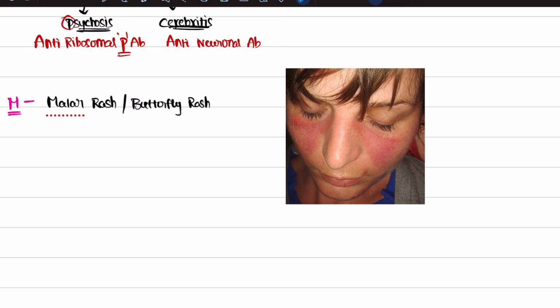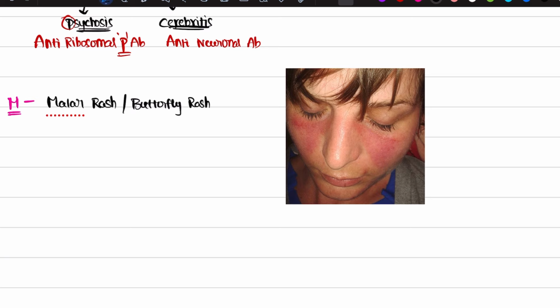So if someone asks you what kind of rash is in SLE, you just answer them: malar rash, which was sparing the nasolabial folds. Sparing means it was not involving, not affecting the nasolabial folds.